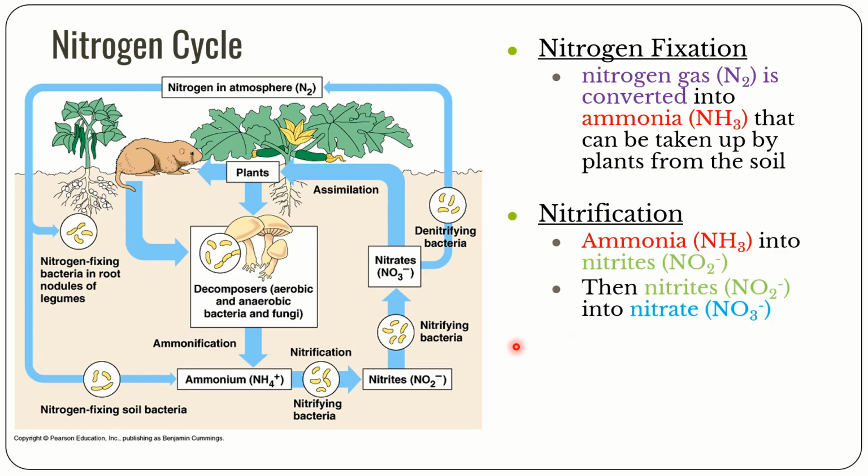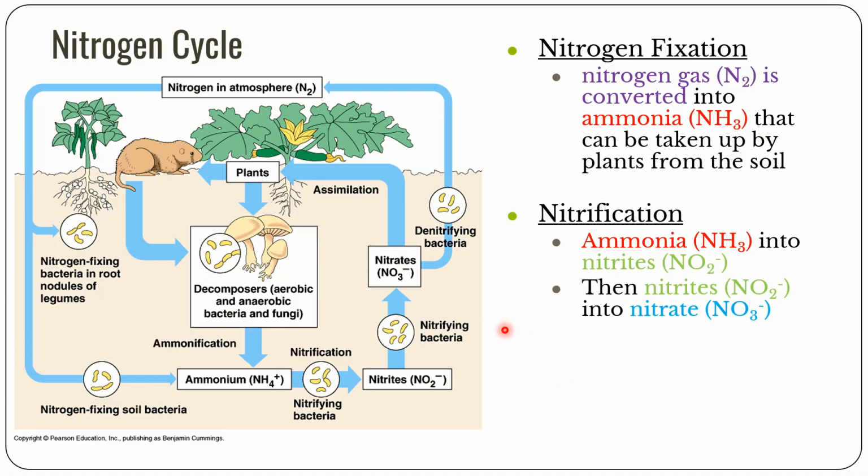The nitrites and nitrates we see down here, ammonia into nitrites, then nitrates, these are all called nitrification, and there's special bacteria that will do each part of that. So there's nitrifying bacteria that'll convert ammonia to nitrites, and then other nitrifying bacteria that'll convert nitrites to nitrates.